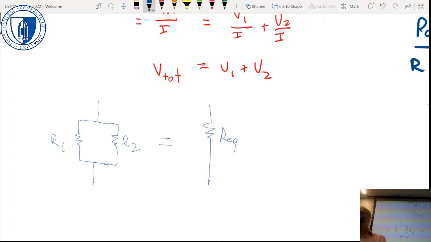And here we've got V equals I1 R1 and V equals I2 R2. Right, and they're all equal.